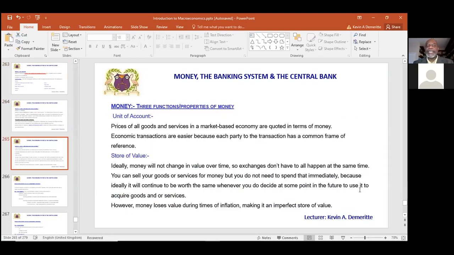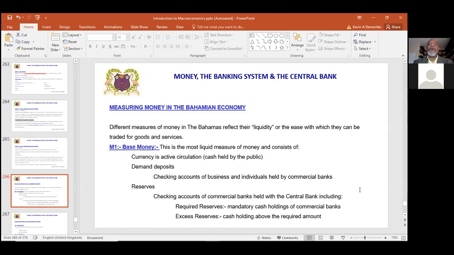So then, what else can we talk about with money? How do you go about measuring money, particularly in the Bahamian context? Because after all, that's where we live. So in the Bahamas, this all falls under the authority of the monetary authority, our central bank. When we go about measuring money, different measures of money reflect their liquidity, or how easily whatever we're calling money can be traded for goods and services.